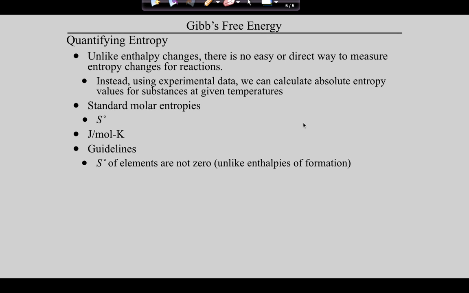Number one, this. The entropies of the elements are not zero. Remember we said the heats of formation of the elements are zero? But guys, the entropies of the elements are not zero. And elements are messed up just like any other form of matter. So while the heats of formation of the elements are zero, the entropies are not.